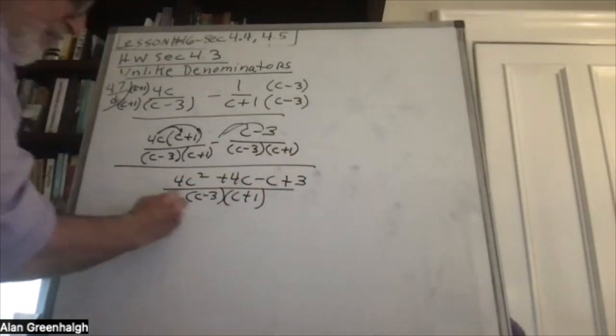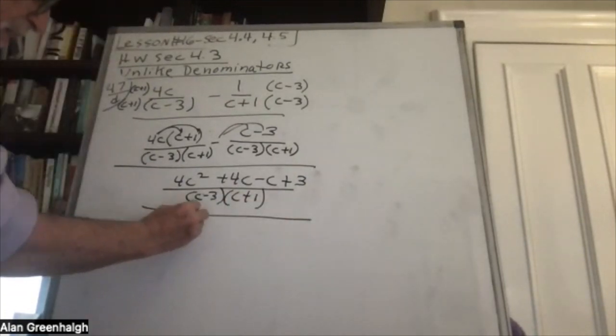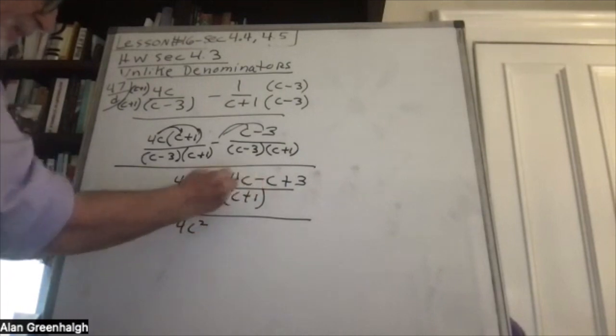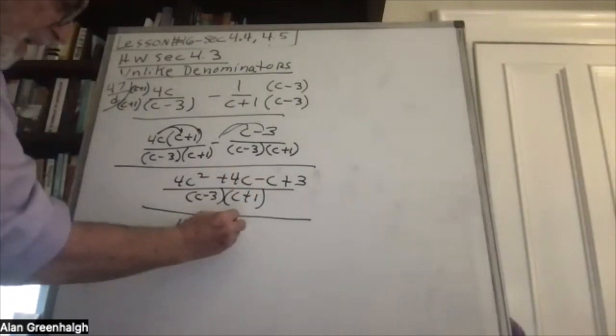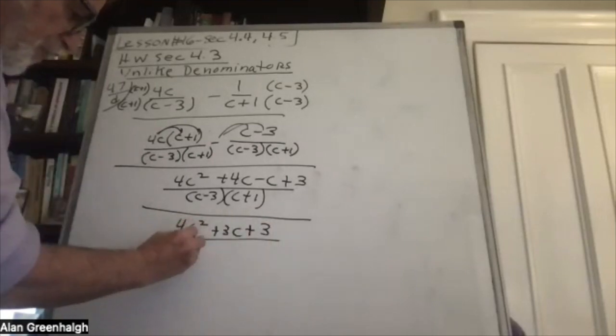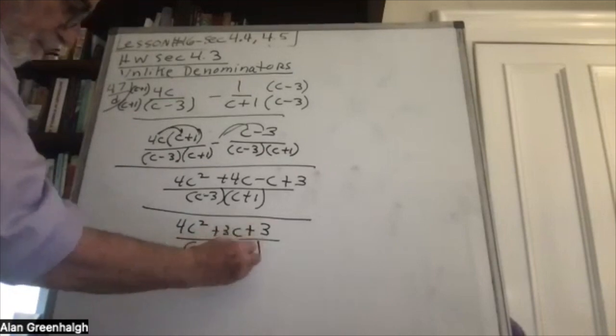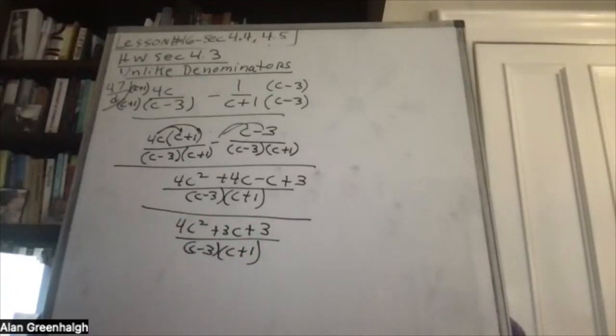And now let's try to simplify that numerator. So 4c squared, and this becomes plus 3c plus 3 over c minus 3, c plus 1. Now, can that be factored? That's it. Can't be factored.